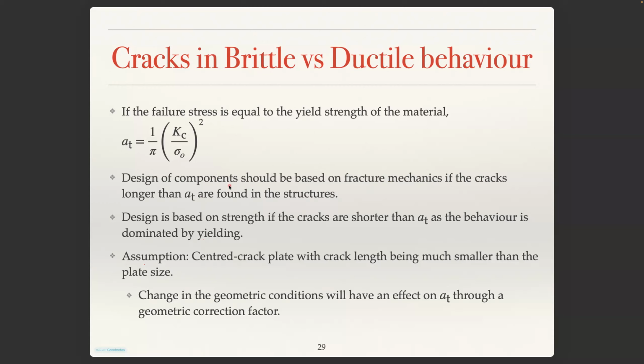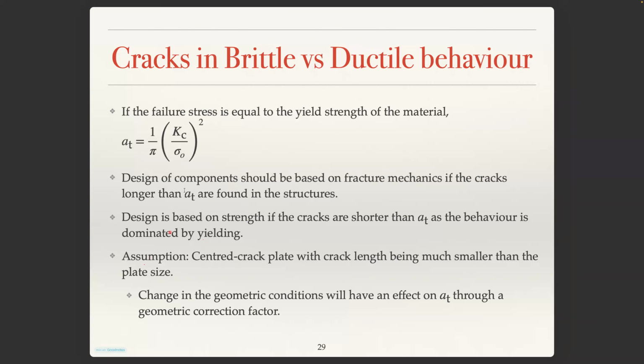If you want to design components, you should check what my AT is, and your design should be based on fracture mechanics if your crack lengths are longer than AT. Otherwise you should do the design based on strength. That means you need not worry about fracture mechanics based design if the cracks are shorter than AT, as the behavior is dominated by yielding.